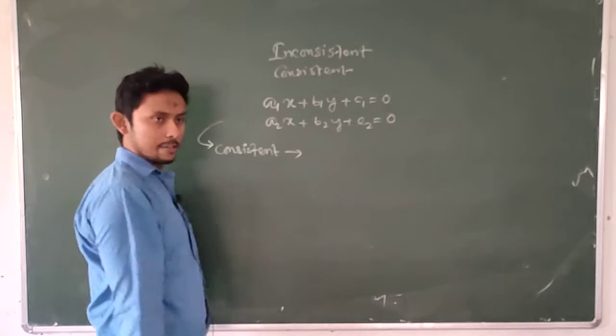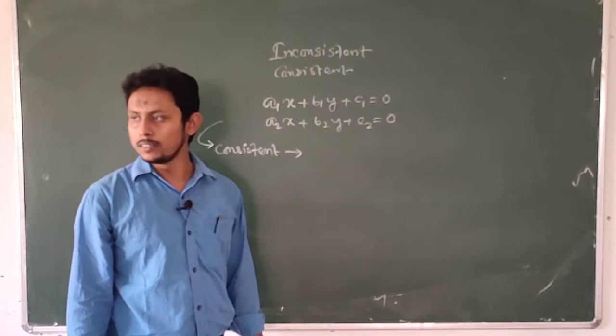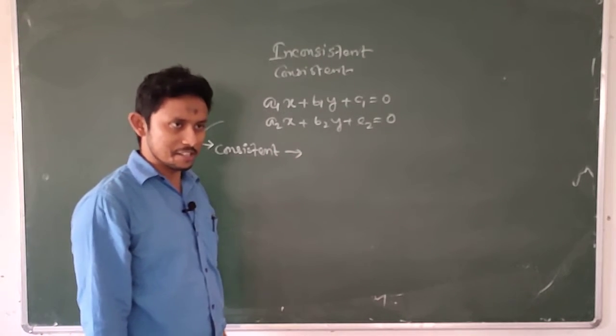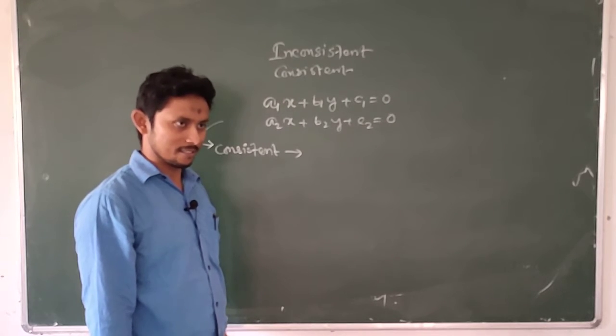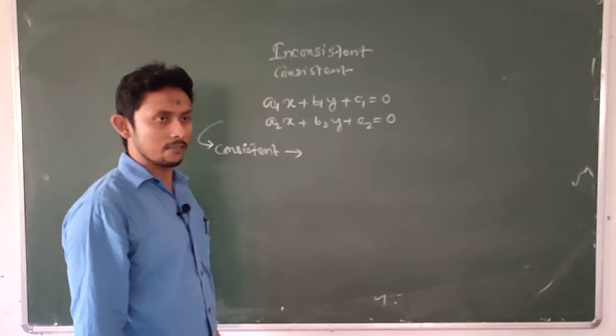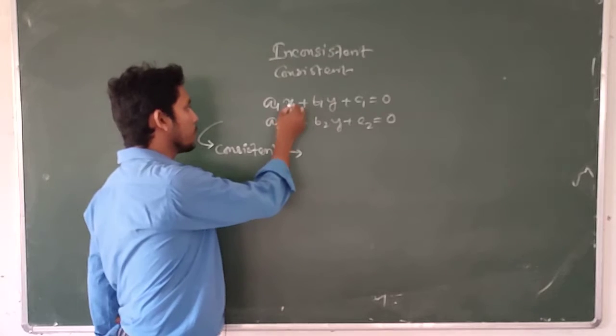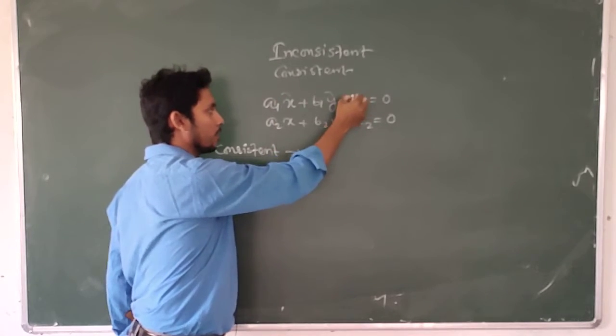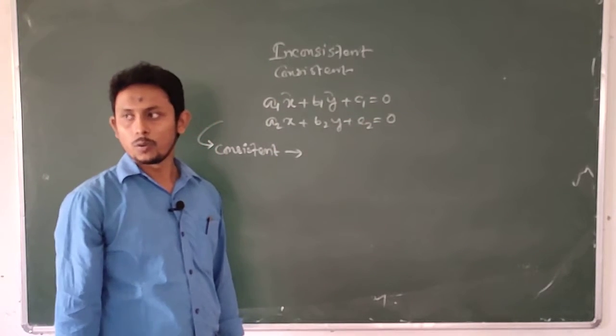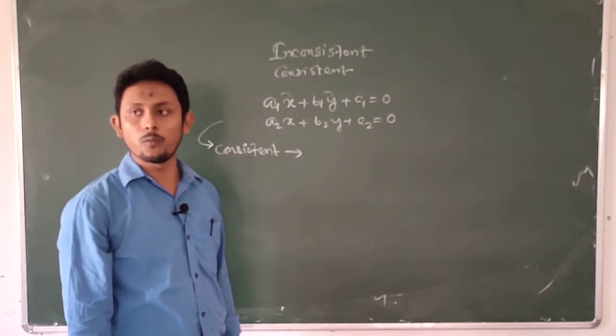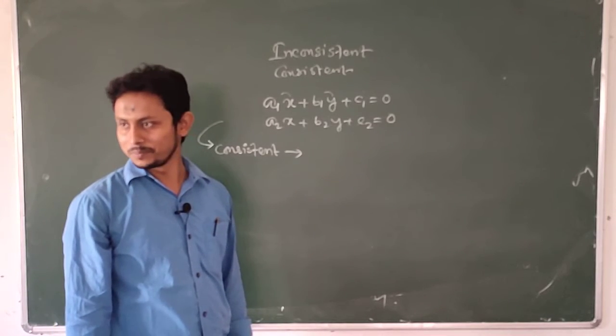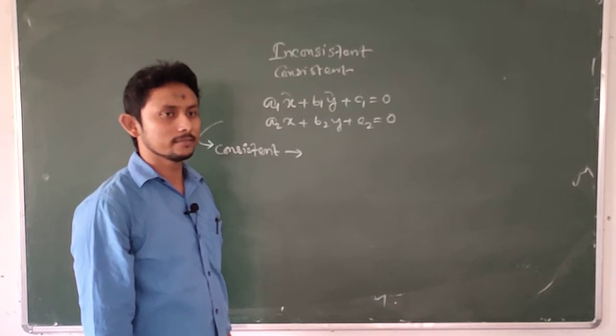If it will have a solution, then it is consistent, yes or no? Yes. So when it will have a solution, for that the coefficients of x and y and the constant part, that c, they are in a relation. What will be the relation?